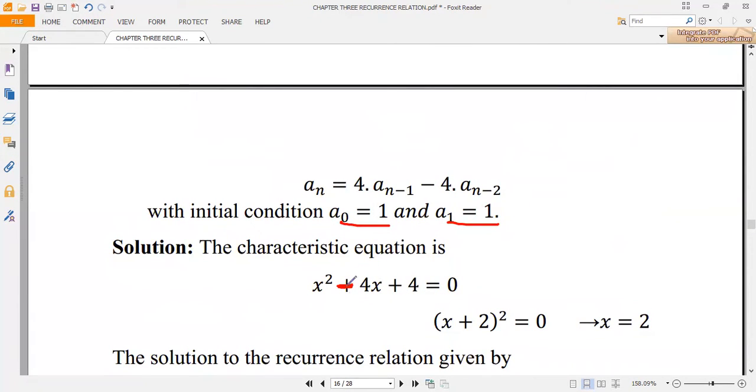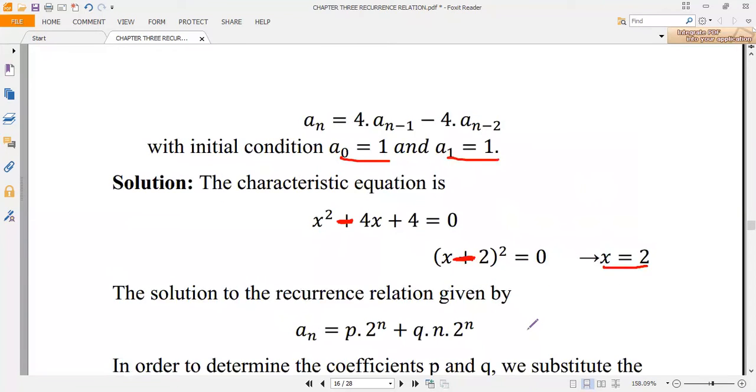What are the numbers whose sum is minus 4 and whose product is positive 4? The numbers are minus 2 and minus 2. So x minus 2, the whole square, is equal to 0, which is a perfect square.